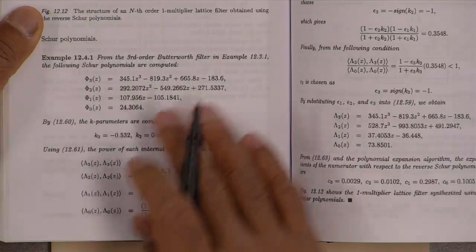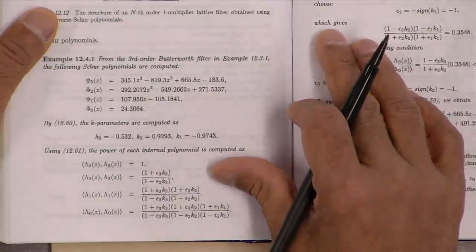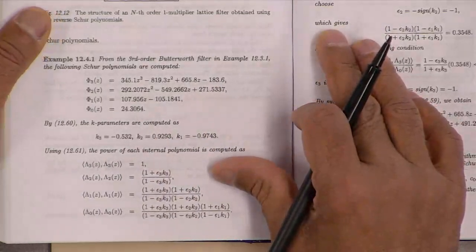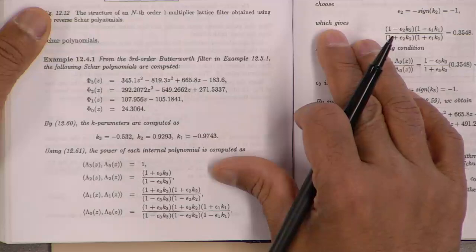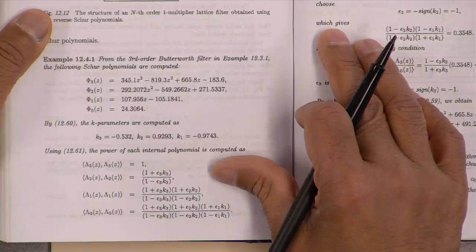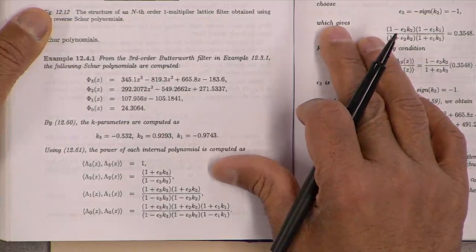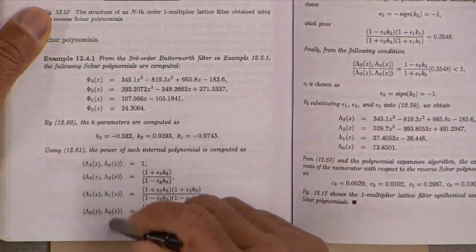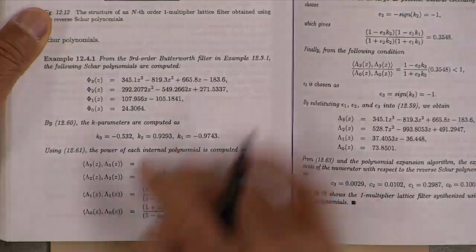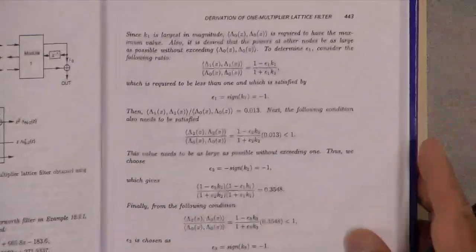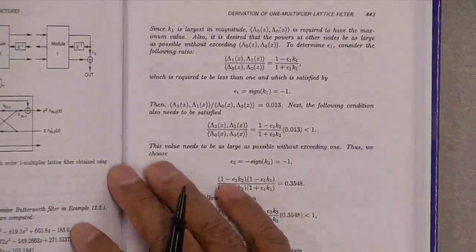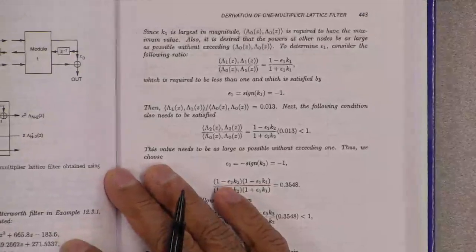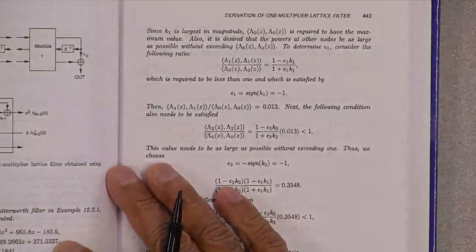The way to choose the epsilon, whether it is plus 1 or minus 1, is chosen in such a way as to maximize the power of the state. That's the criterion. If we go through this example, that's worked out here in the example on how to select.